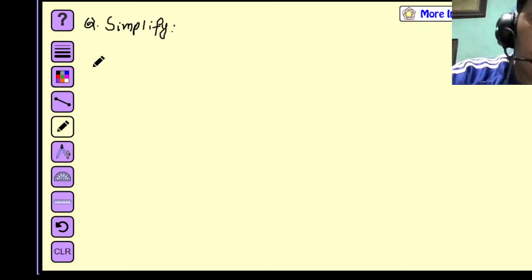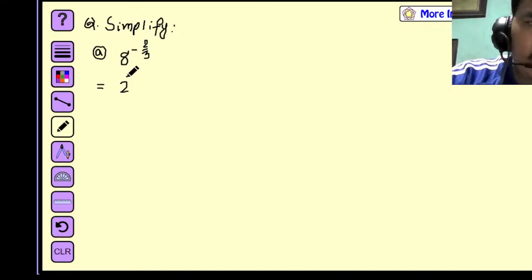If a question like this is asked, see here, a number is given, a to the power minus 2 by 3. In this question, 8 means 2 cube, and its whole power is minus 2 by 3.